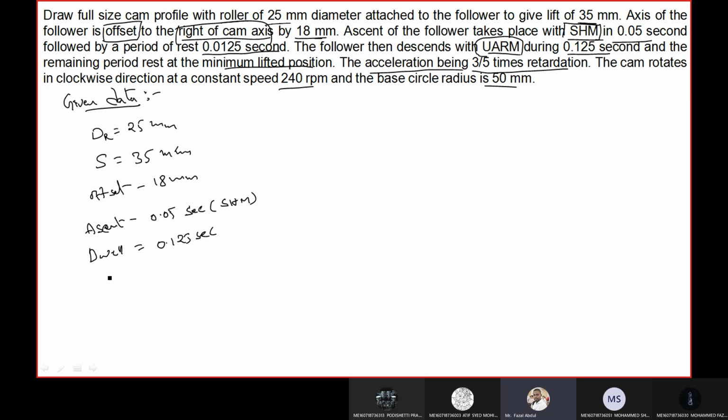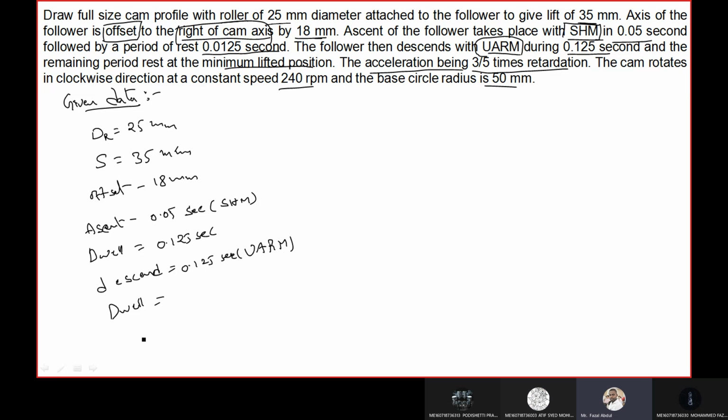The next one, descent period, 0.125 seconds with uniform acceleration and retardation motion. And then the remaining last period is the dwell. As usual, dwell is the remaining period; we don't know it, it is given like that.